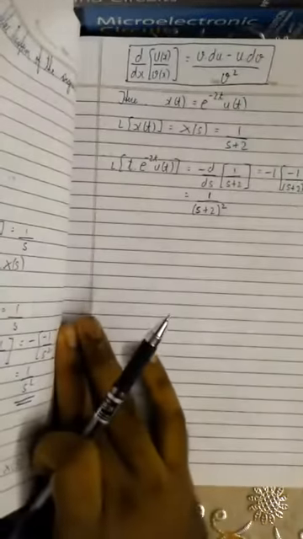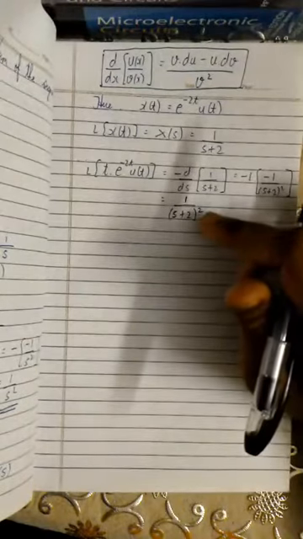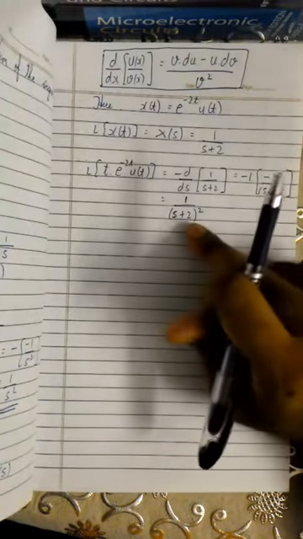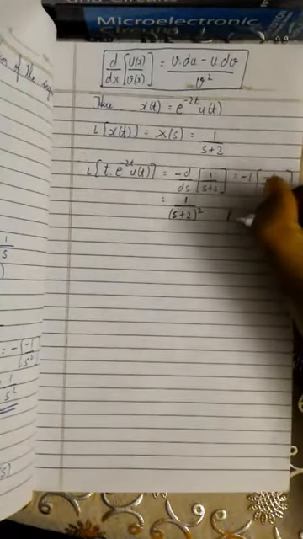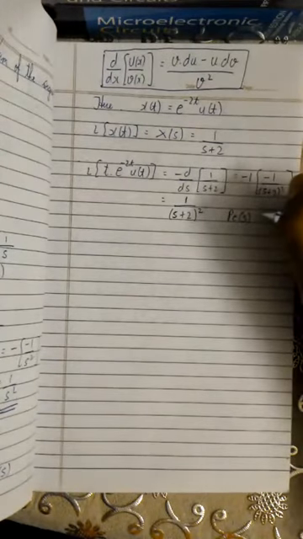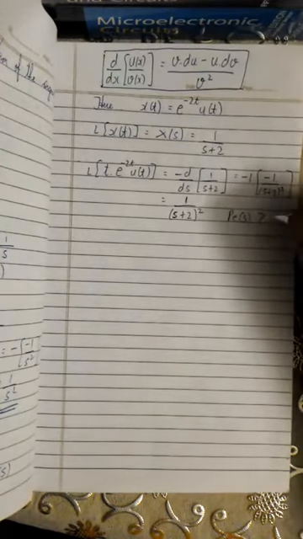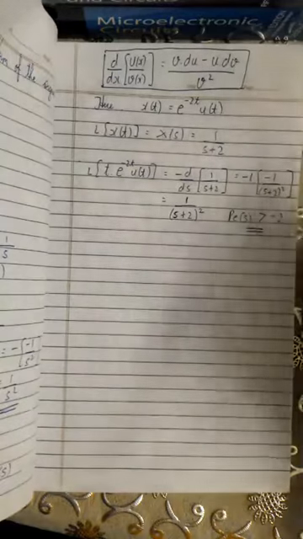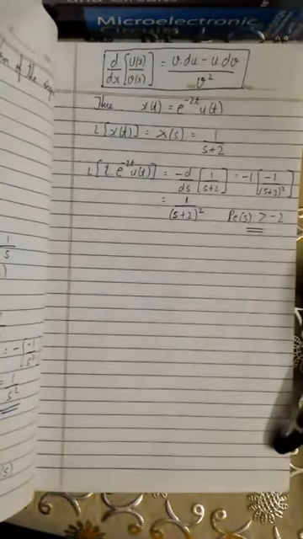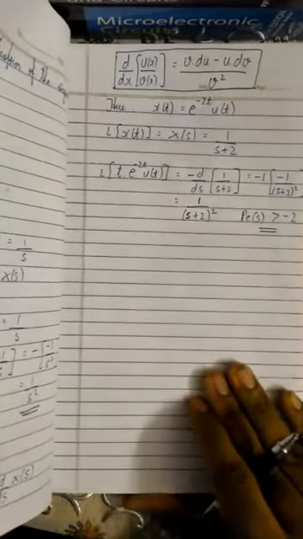So s plus 2 the whole square is equal to 0, so the pole is at minus 2. Therefore, since it is a right sided signal, the real part of s is greater than minus 2. This is your ROC. You can write the ROC directly. See, very easy.